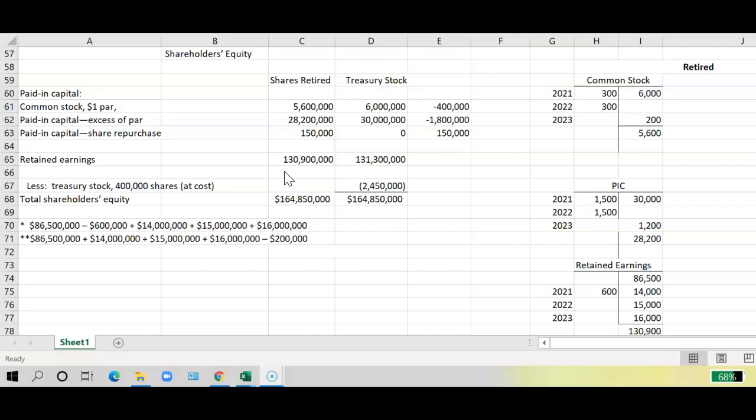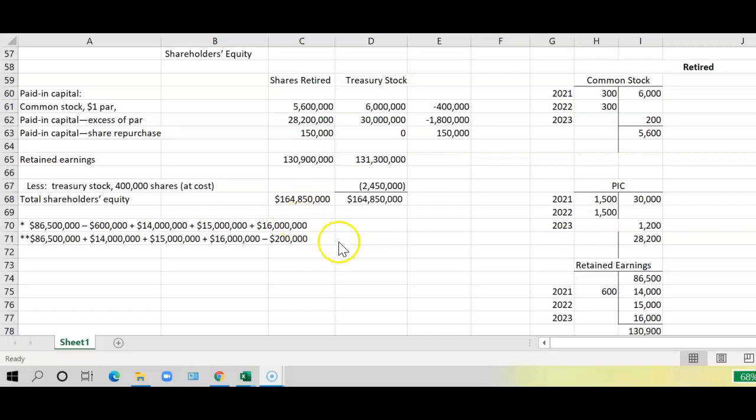So the first thing I would look at is I would go to the top and see what my retained earnings were at the end of December 31st, 2020. Well, my retained earnings on December 31st, 2020 is $86,500,000.